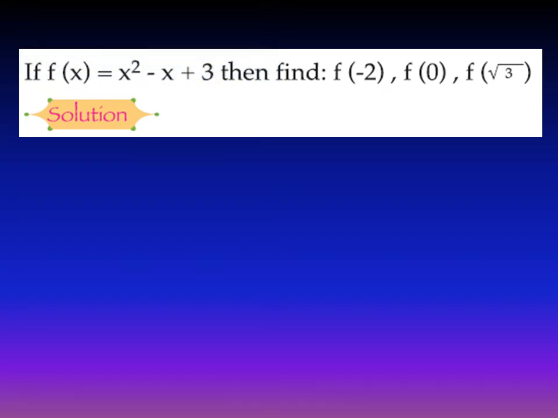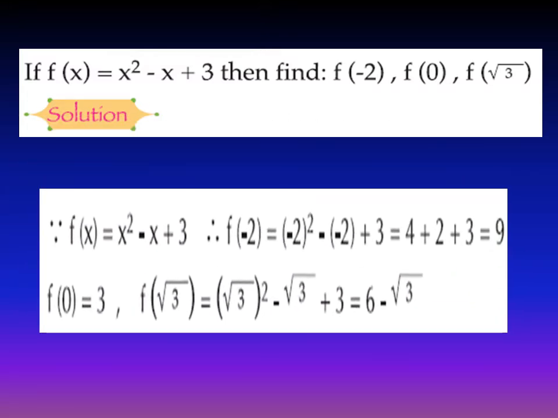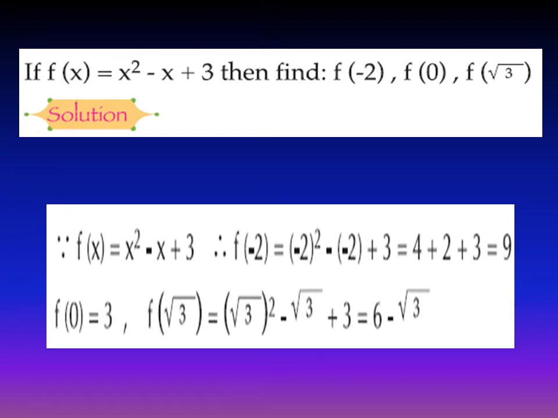If f(x) = x^2 - x + 3, then find f(-2), f(0), f(root 3). Since f(x) = x^2 - x + 3, then f(-2) means substitute x by -2.